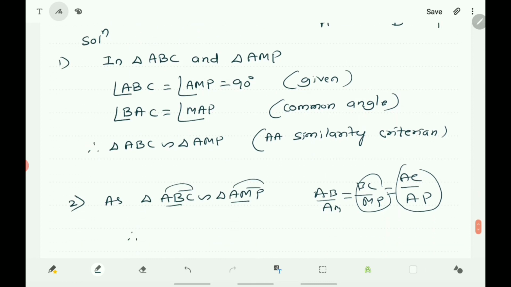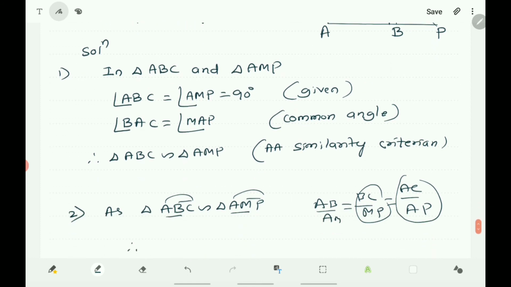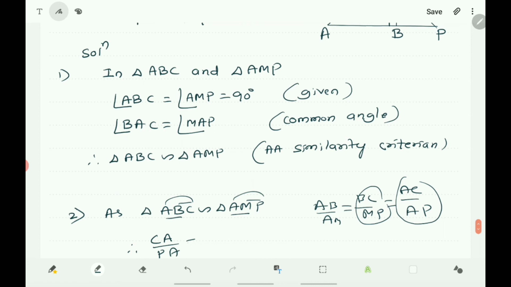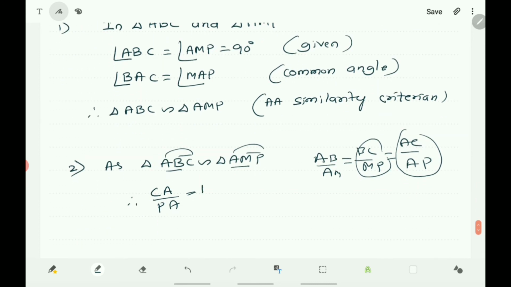Therefore, you can take that CA by PA is equal to, what is that? BC by MP. The reason, you know, here two triangles are equiangular and similar, which means the pairs of corresponding sides are in proportion.